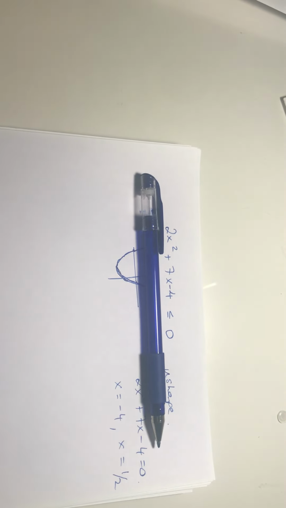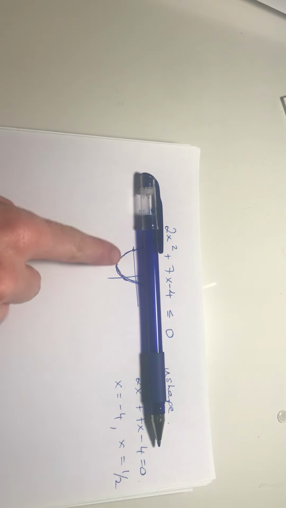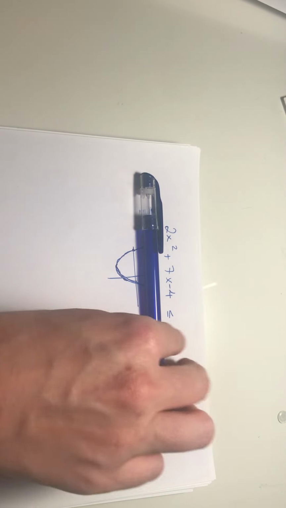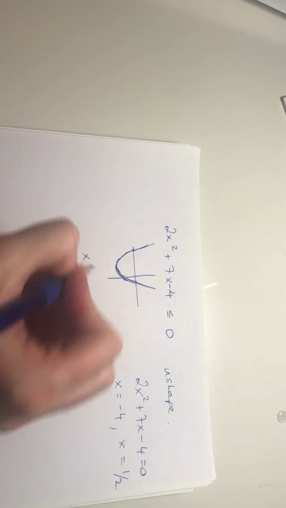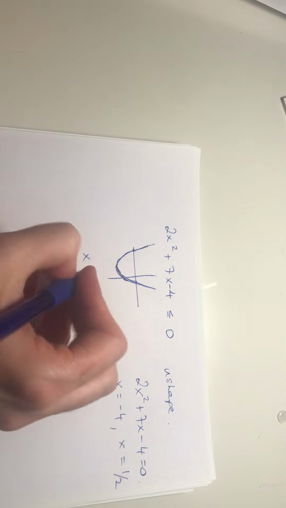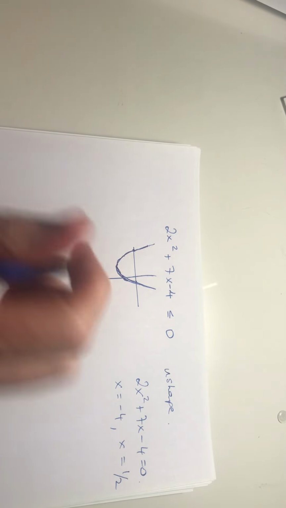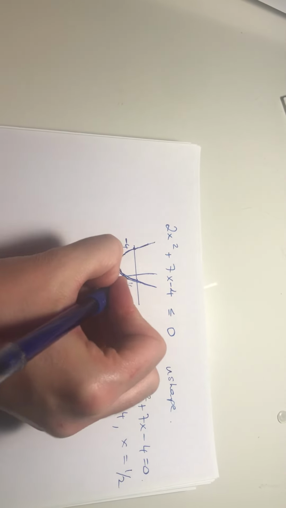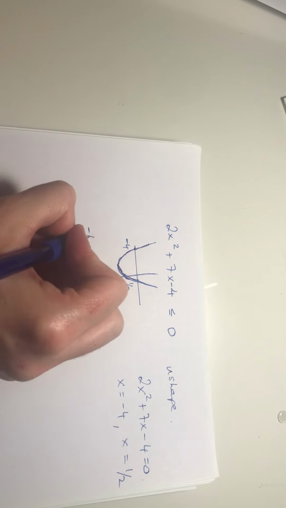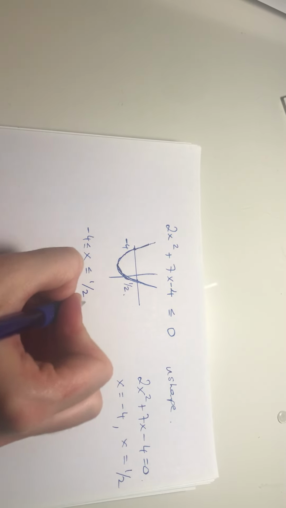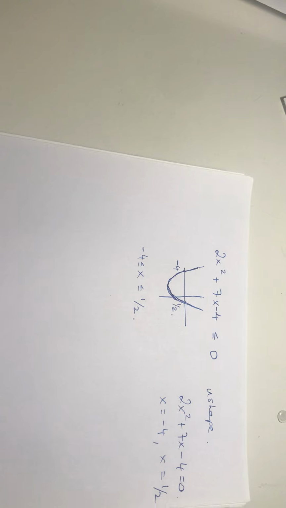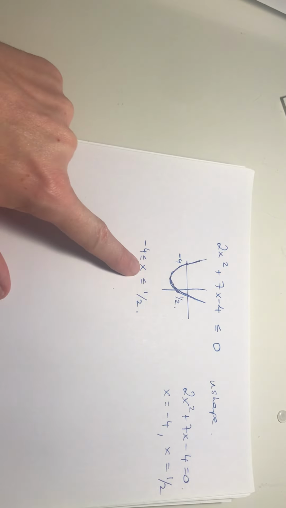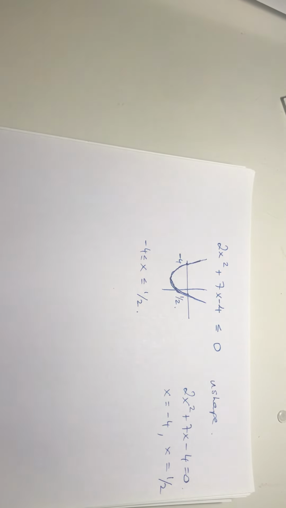So below or equal to 0 is that. And we can describe that by saying, if you were on the x-axis, you'd have to be between minus 4 and a half. You could check out a value between minus 4 and a half and see if you're right or wrong, but I'm going to trust that that's okay.